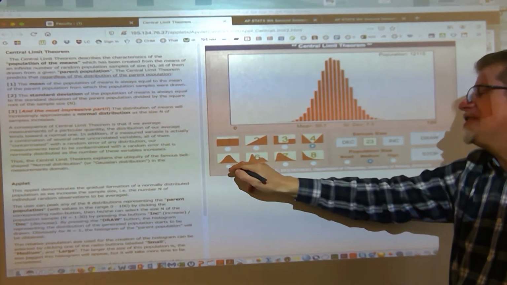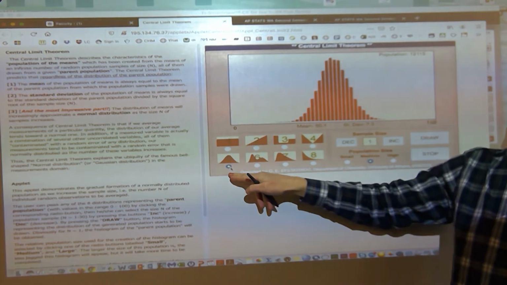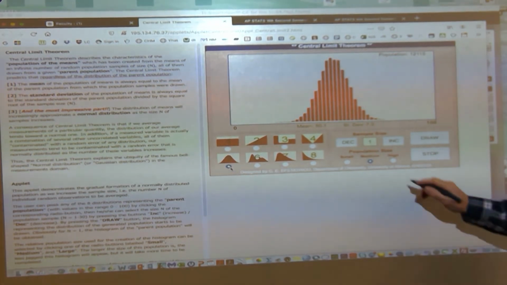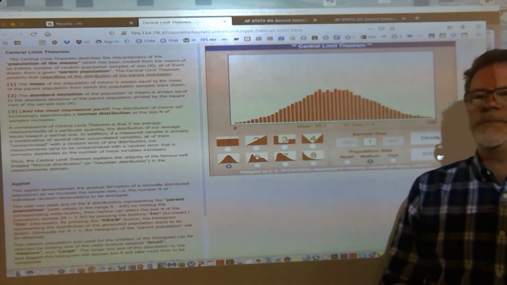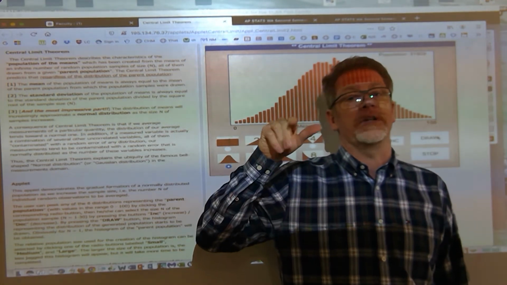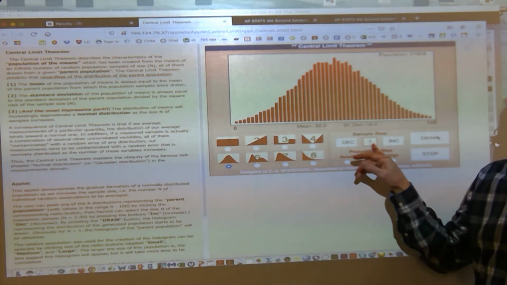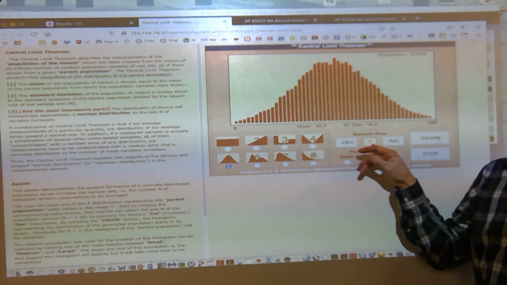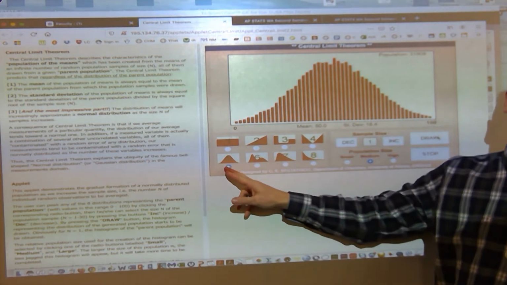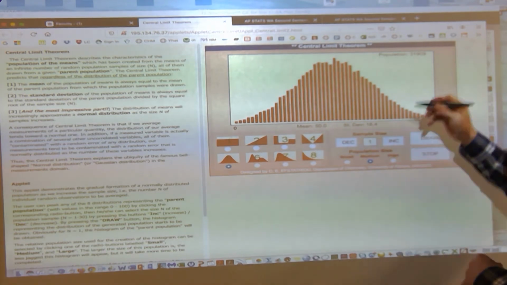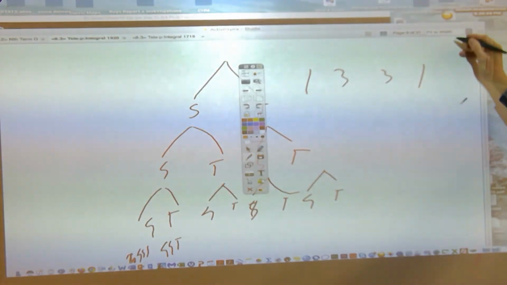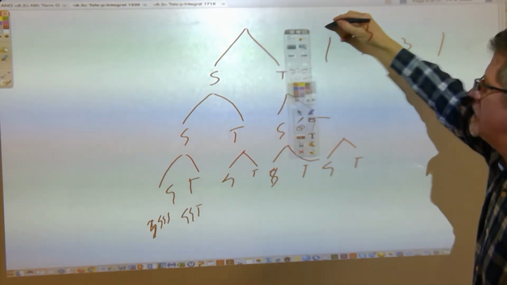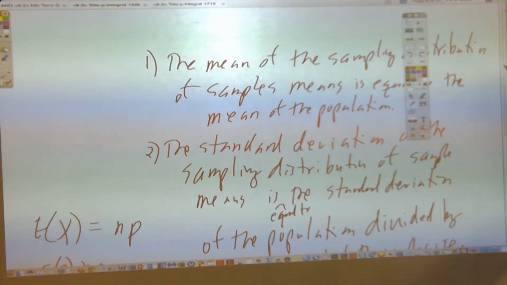Now, if the population itself is already normal, then even when the sample size is 1, the sampling distribution of sample means will still be normal, even with a very small sample size. That's the asterisk. If the underlying population is normal, then this statement does not apply. Friends, that's the asterisk, and then I'll take Olivia's comment or question.